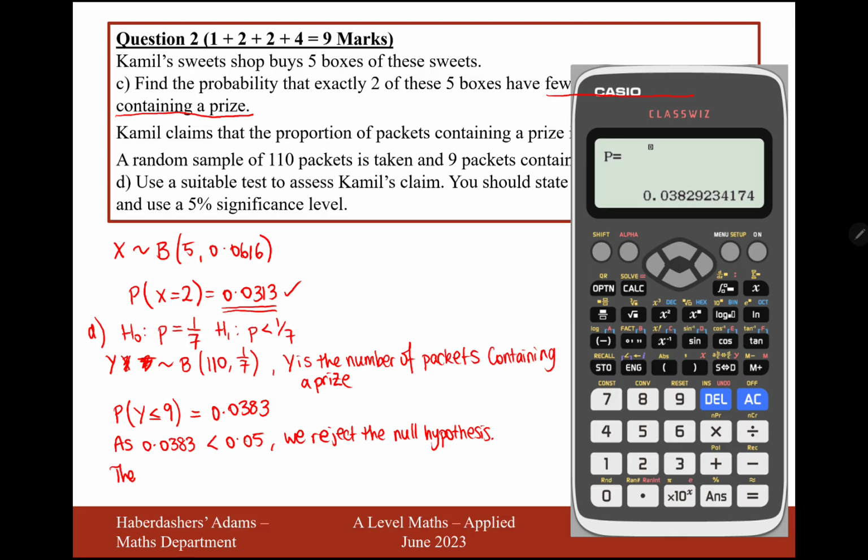Therefore, the evidence suggests, and I would encourage you to always phrase it like this, the evidence suggests that Camille's claim is correct.